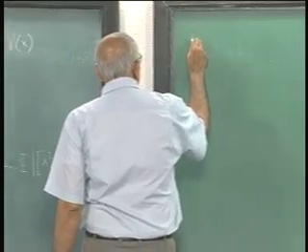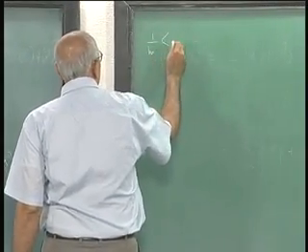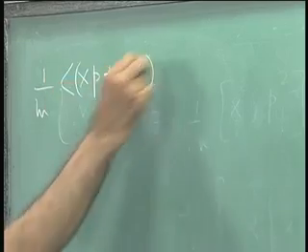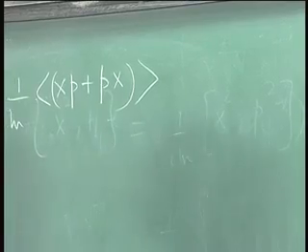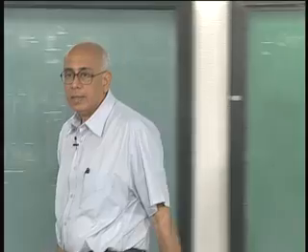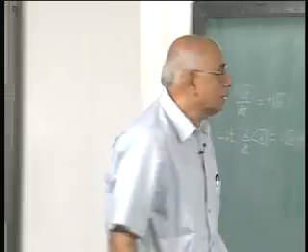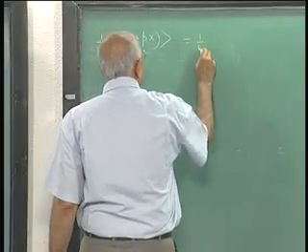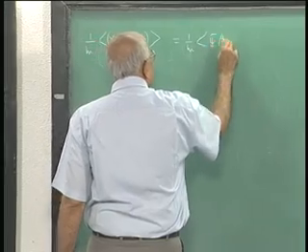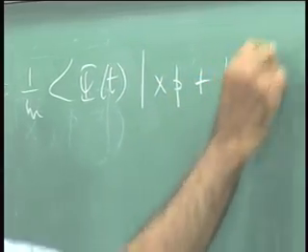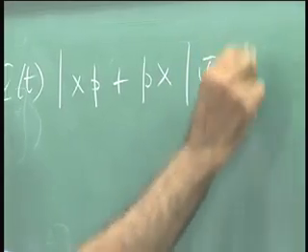So 1 over m times xp plus px, this is the expectation value in any state of the system psi. Let us do it in the position basis and see what happens. So in the position basis, I mean in the abstract sense, this is equal to 1 over m times psi of t, x operator p operator plus p operator x operator, on psi of t.